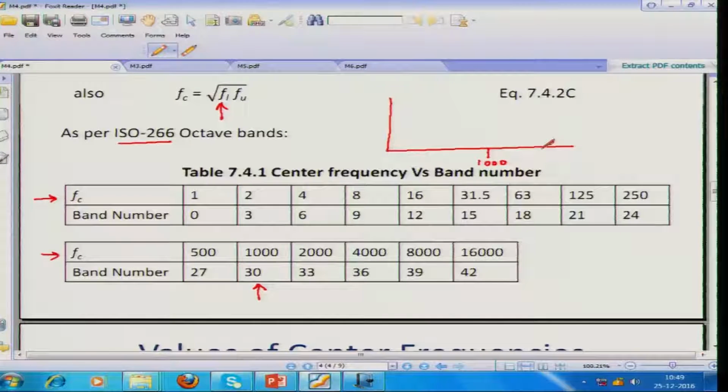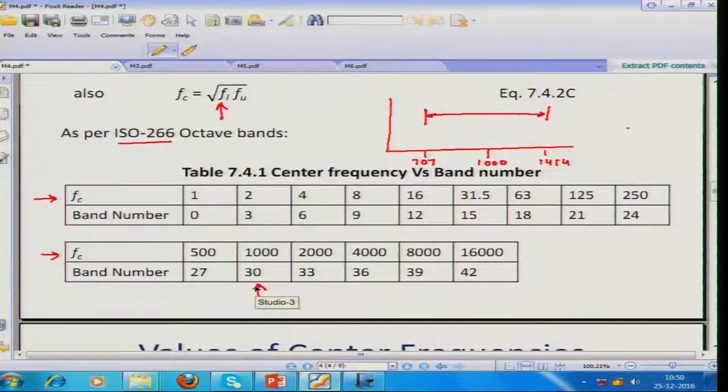It has also an upper frequency, which is that times 1.414, so that is 1414 hertz, and then it will have a lower frequency limit of roughly 707. All the frequencies lying between these two limits correspond to band number 30.